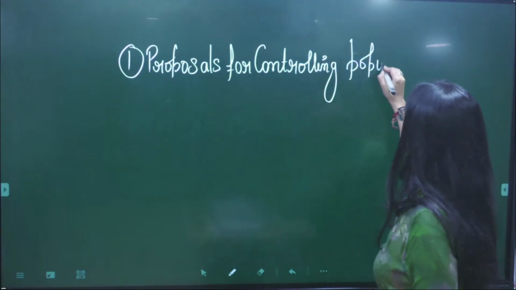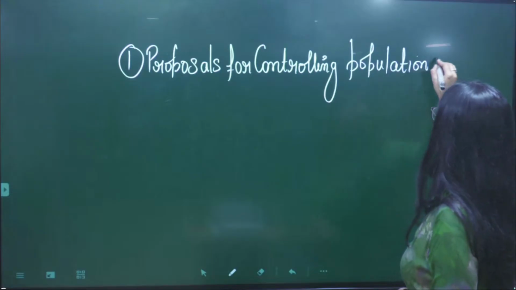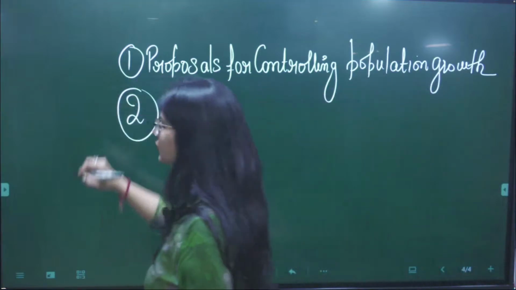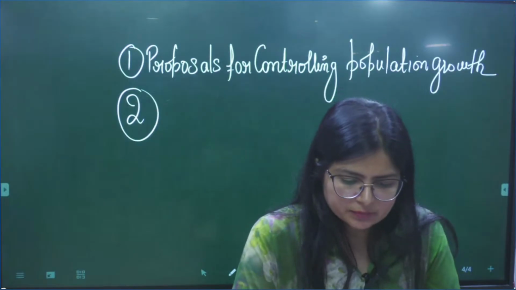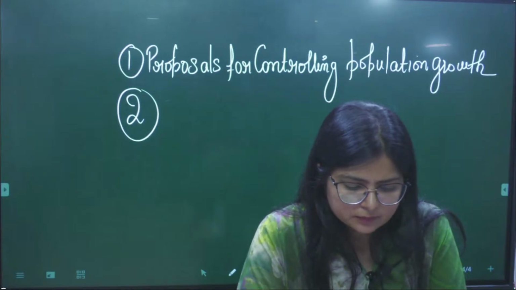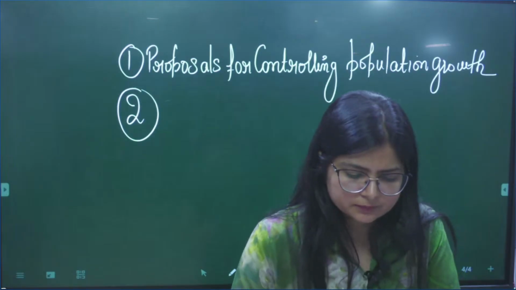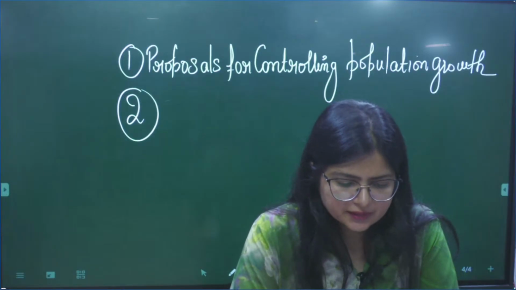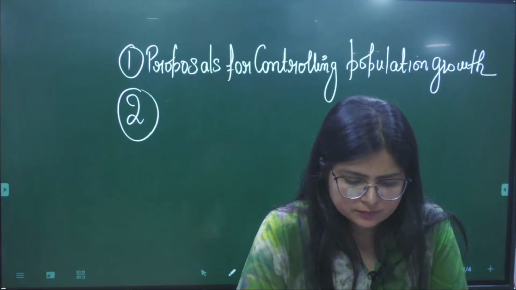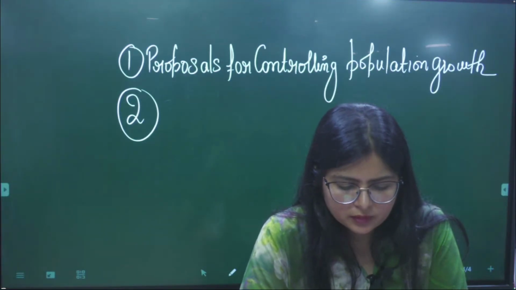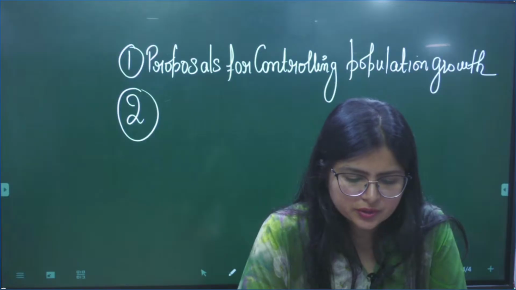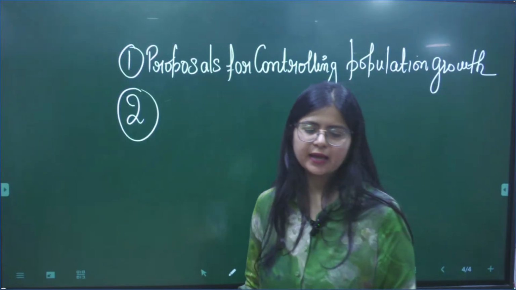Second point, rapid industrialization and urbanization in Europe in the 19th century brought poverty and misery.